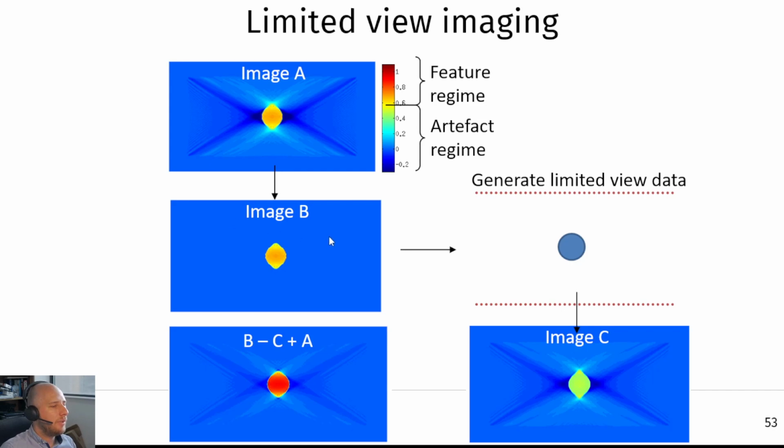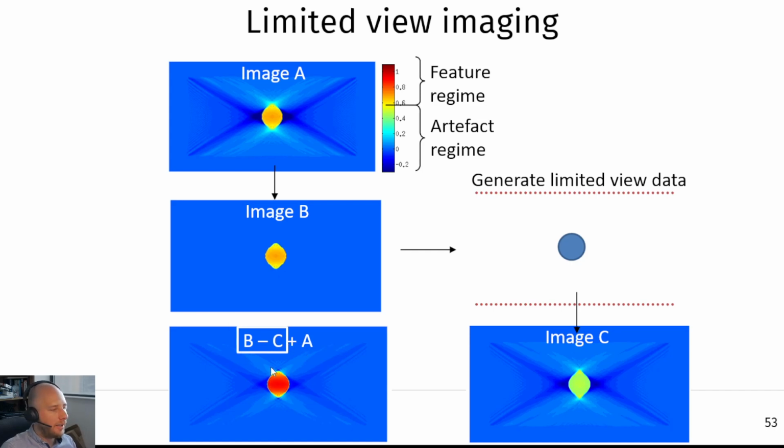So what we do is we do image B, which is an improved thresholded image, minus its own limited view version. So you don't want to overlap the limited view components again, so you effectively subtract off the limited view version of B from itself. So you subtract image C off from image B to just get the missing unmeasurable components, add that onto A, and you can see this improved reconstruction that we have here.